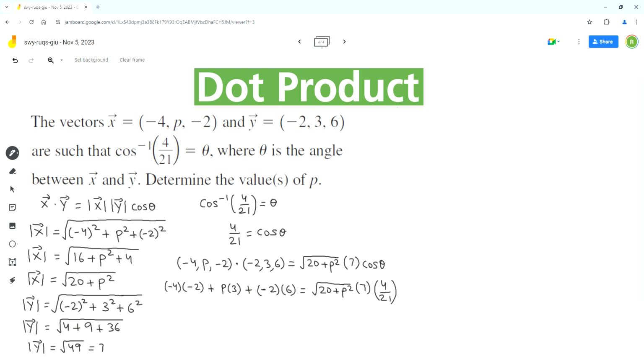On the left side, negative 4 times negative 2 is positive 8. P times 3 is 3p. Negative 2 times 6 is negative 12. And on the right side, we can multiply 7 by 4 over 21. So we get 28 over 21.